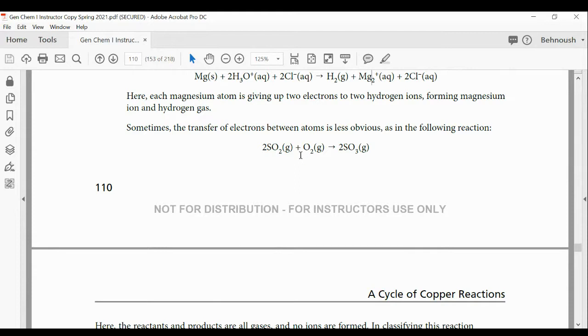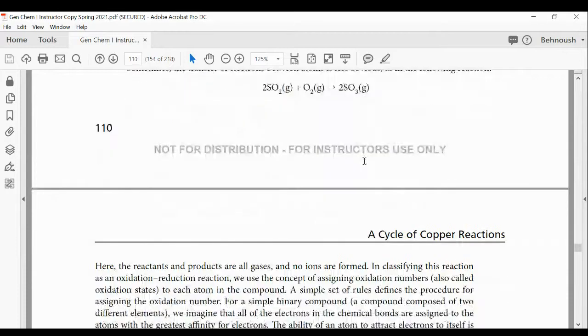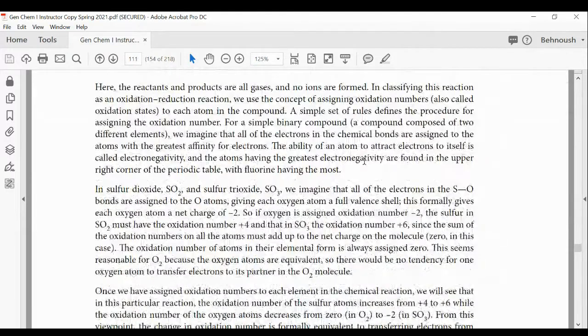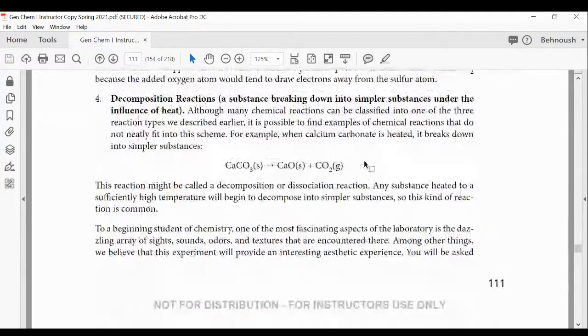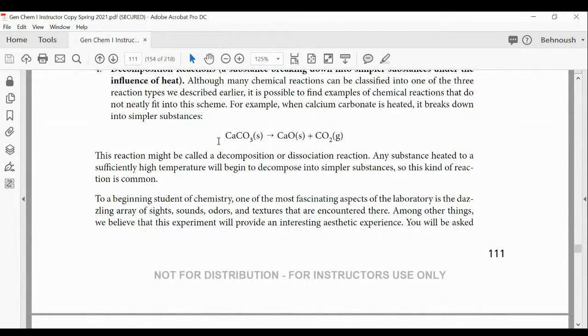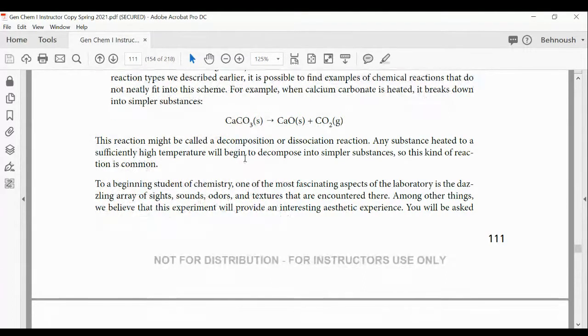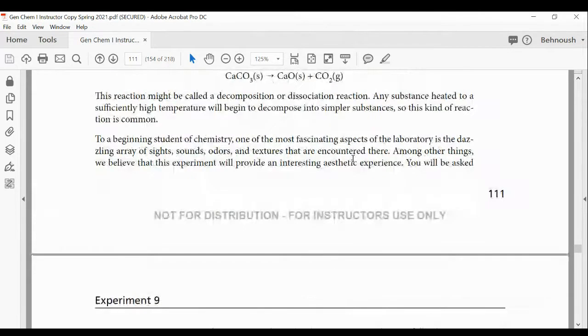In this combination reaction, when anything combines with oxygen, oxidation number would go up, so it's also considered an oxidation reduction reaction. Single displacement reaction is an oxidation reduction type reaction as well. In a decomposition reaction, sometimes the oxidation number changes, other times it doesn't. So you have to calculate oxidation number separately from the reactant to product, and compare it to see if it changed or not.